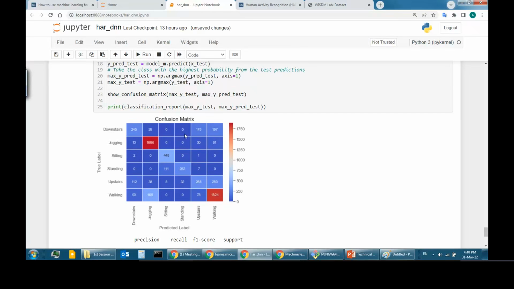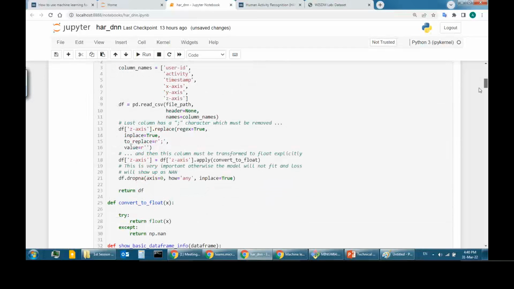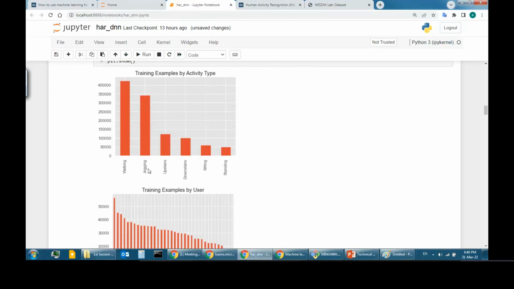For example, you can see that jogging and walking are good. Most of the time, when the true label was jogging, our model said, yeah, it is jogging. And we saw walking is the same. And it is expected because, if you can see from here, most of the samples are for walking and jogging. So we have enough samples.